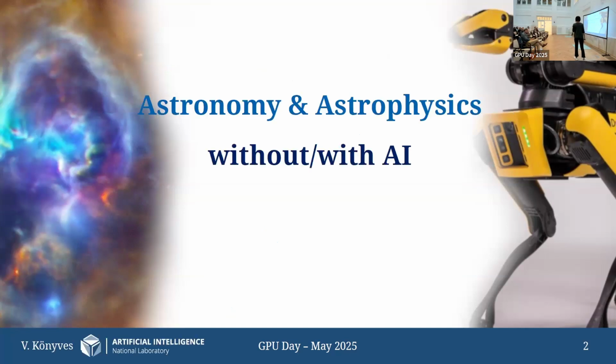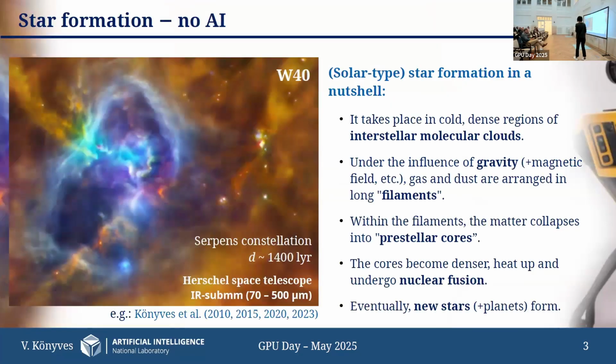Let's start with some astrophysics with no AI for the moment. In a Herschel Space Observatory project, I was working for a decade in France. We observed several interstellar molecular clouds in our galactic neighborhood.